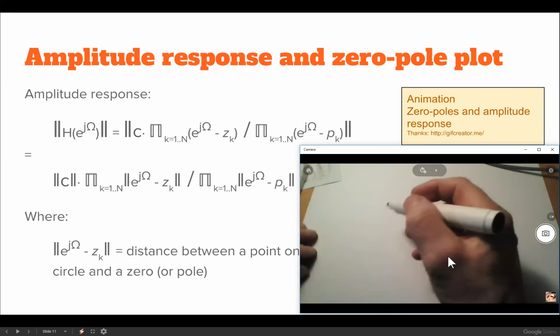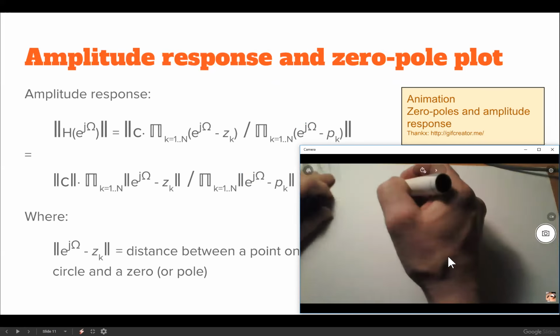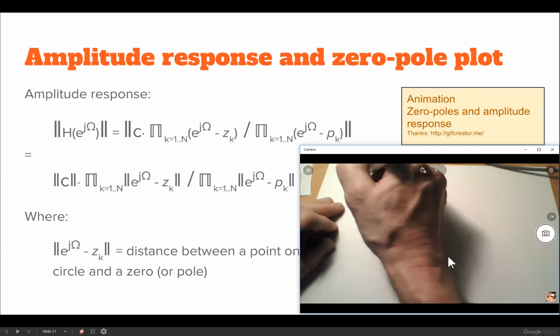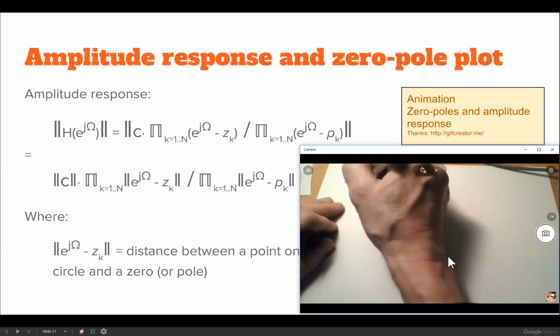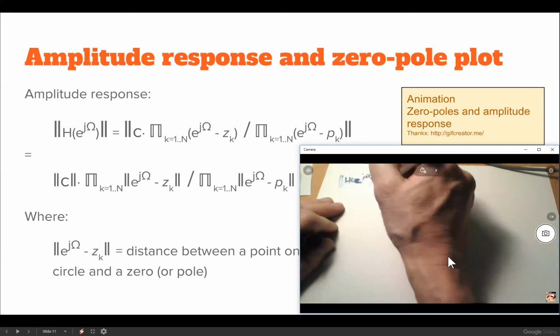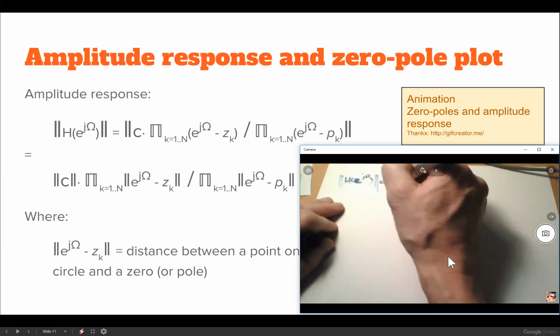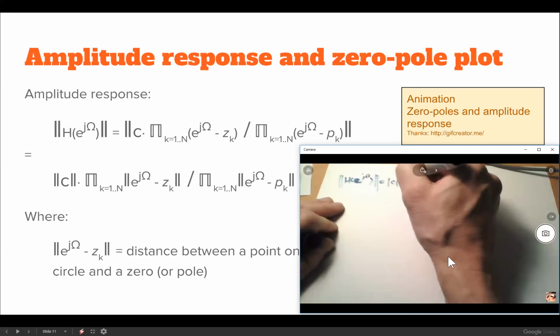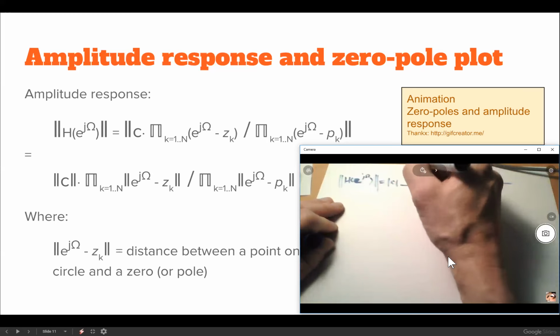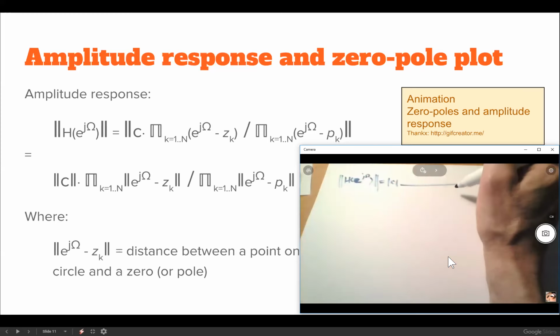But anyways, we have the transfer function, and evaluate it at the unit circle. Calculate the norm, which is the amplitude response. We have the absolute value of C at the beginning, and then we have a product. I will open up the product, the absolute value of those. So basically we have absolute values of each of these individual differences.